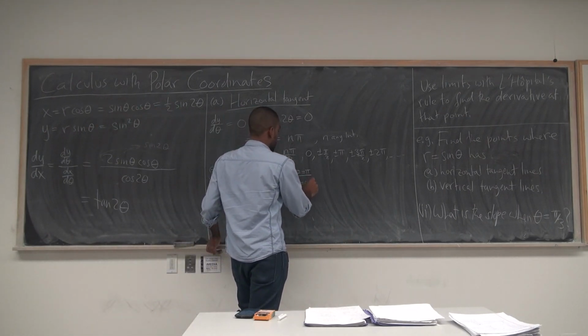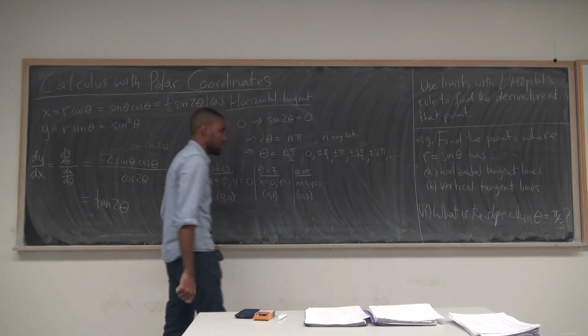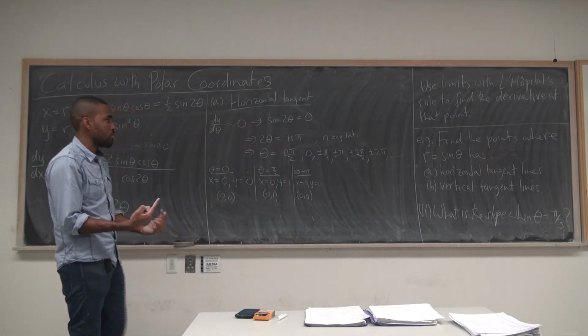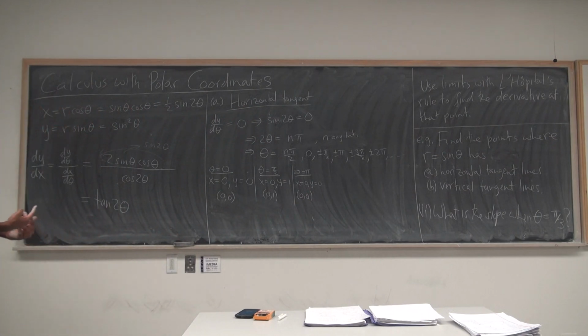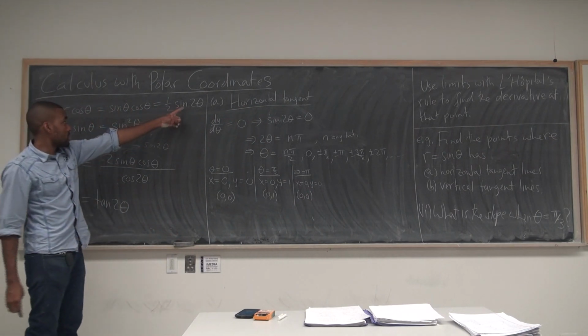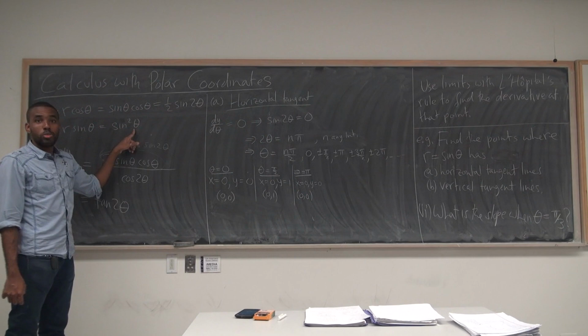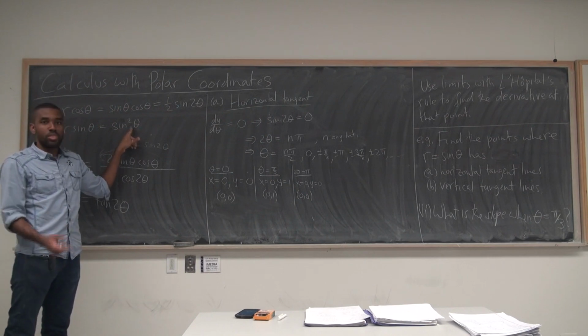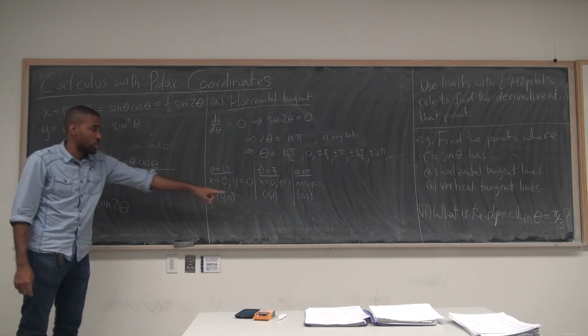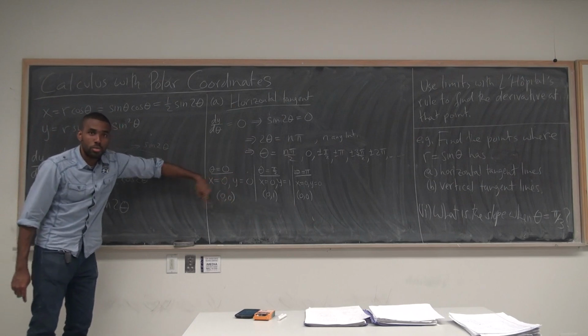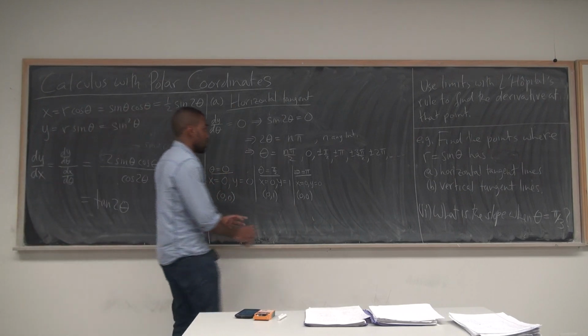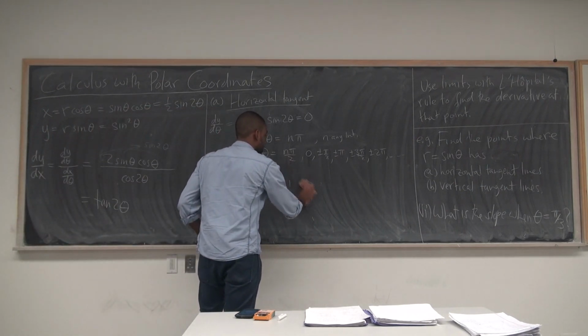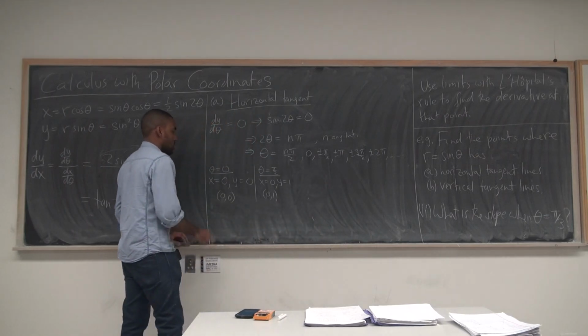This is also going to give me zeros for both of these, 0, 0. So I'm already starting to repeat. Does the next one repeat if I put 3 pi over 2? 3 pi over 2 is going to make this 0. It'll also make the sine -1, but I'm squaring it so I'll get +1. So I'm going to repeat that value. It's going to keep jumping between these two values. So those are the only 2 points where my tangent line is horizontal.